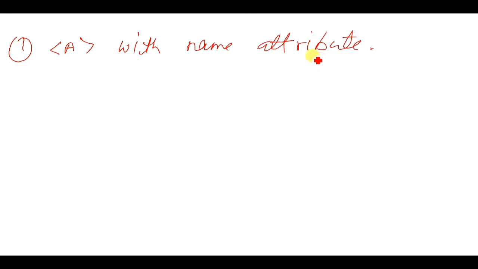One is href, second is name. So you need 2 tags with 2 different attributes. First, the anchor tag with the name attribute. So to define an internal link, you need 2 tags. One is the anchor tag with the name attribute. We can say that it is used to create a target fragment.